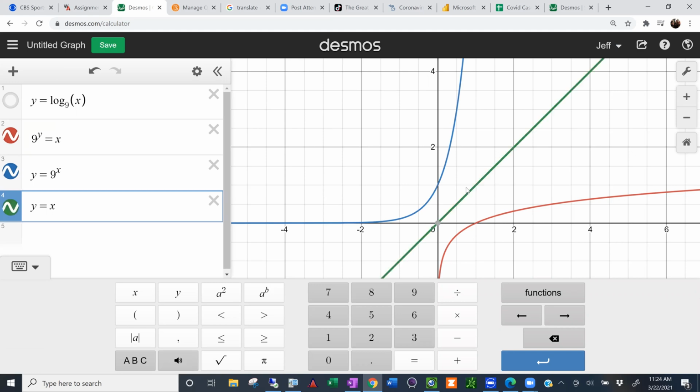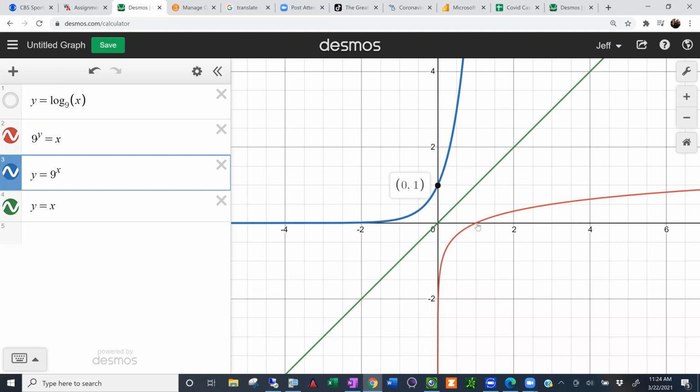They're symmetric around this line, y equals x. So instead of a point at 0, 1, you have a point at 1, 0. Instead of getting close to the x-axis as you go out towards negative infinity, you get close to the y-axis as it goes towards negative infinity. So nice. They're mirror images of each other.